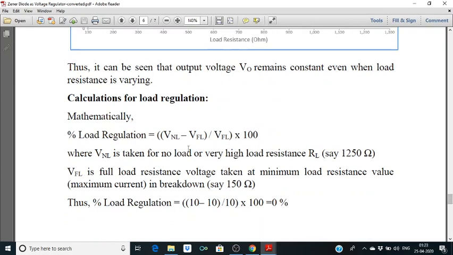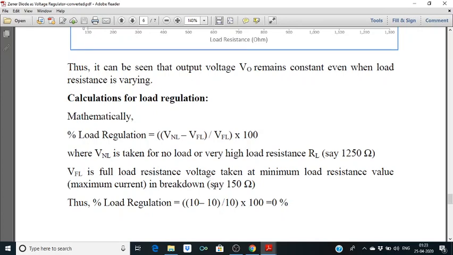So for load regulation we have VNL minus VFL divided by VFL. Now VNL we take as no load or very high load resistance, say 1250 ohm. So at 1250 ohm we are getting VNL equal to 10.